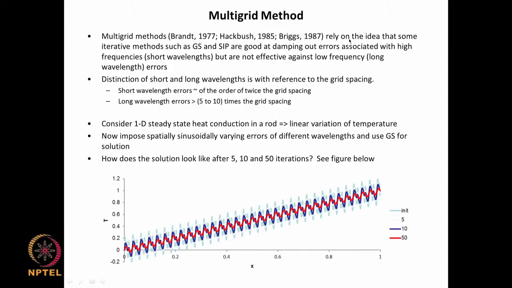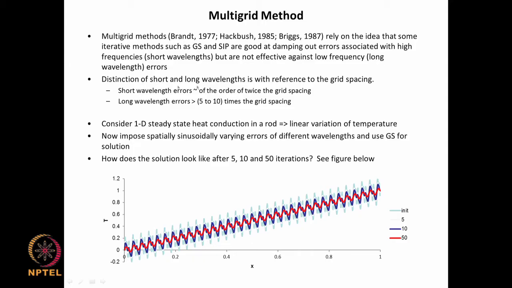So, multigrid methods rely on the idea that some iterative methods such as the Gauss-Seidel method and also the strongly implicit procedure are good at damping out errors associated with high frequencies or short wavelengths, but are not effective against low frequency or long wavelength errors.